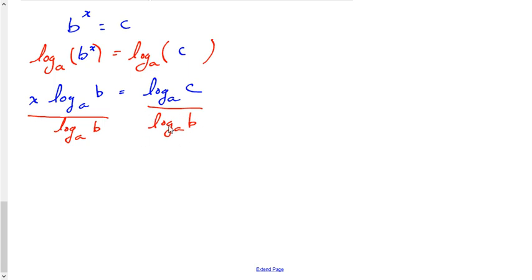What value for b would make my denominator 0? Let's just go over to the side here. Log base a of a to the 0 is equal to 0. So if b was equal to a to the 0, or if b was equal to 1, then I couldn't make this statement.